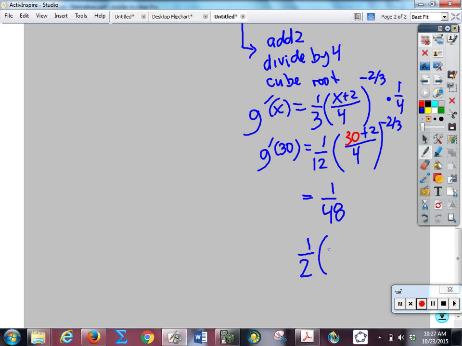So you do the cube root of 8 and then square it. 2 squared is 4, so it is 1/48. But that was way harder than just doing that, right? Sometimes it just depends on what function it is and what the derivative is. But just realize that relationship between them.